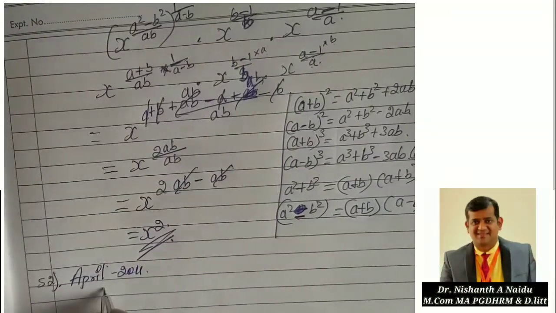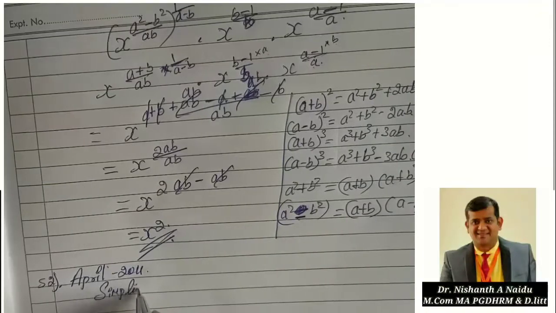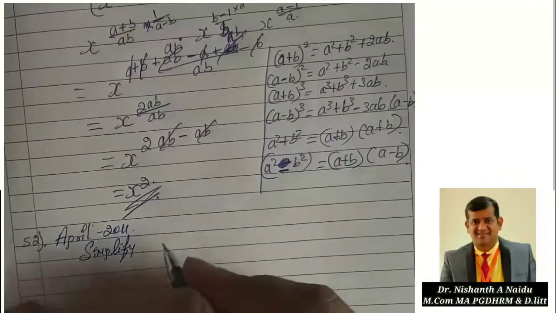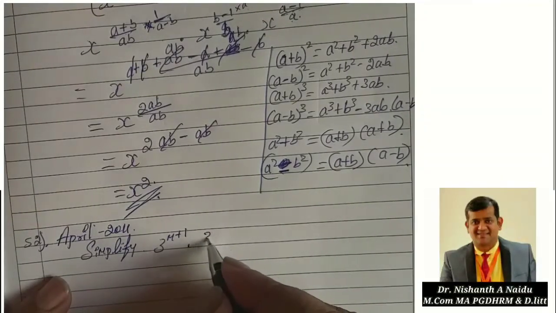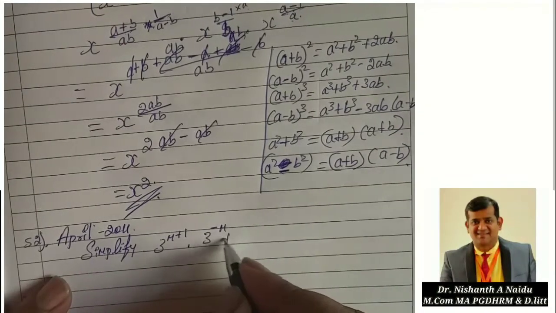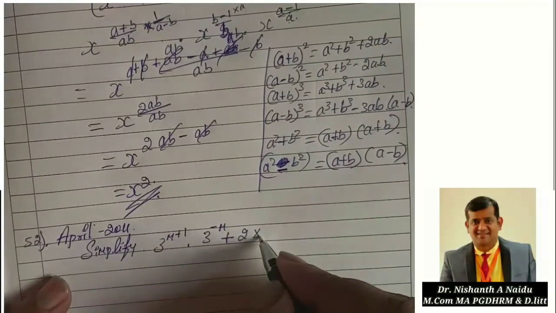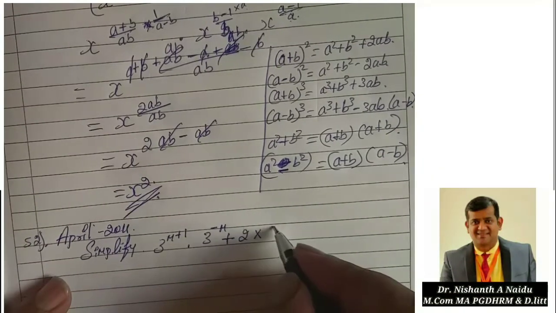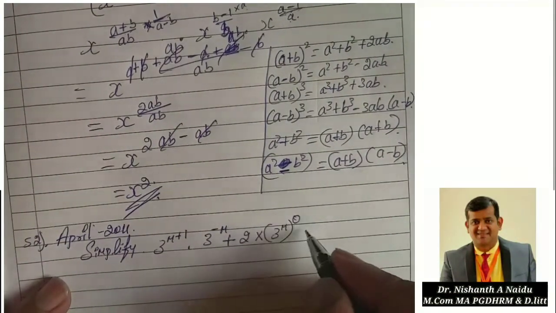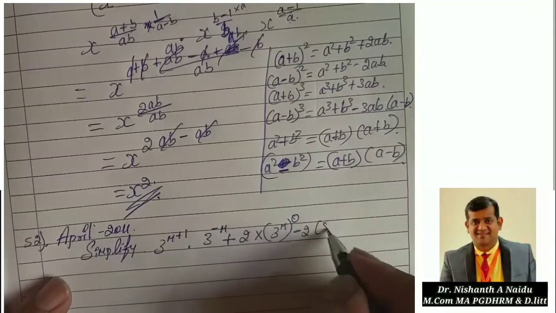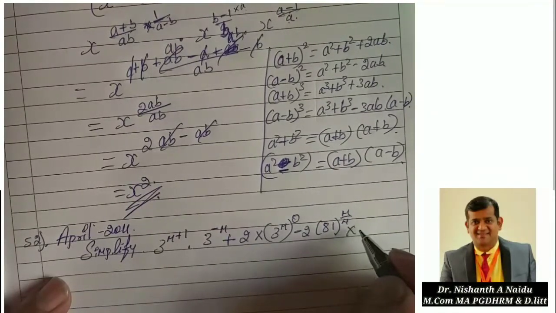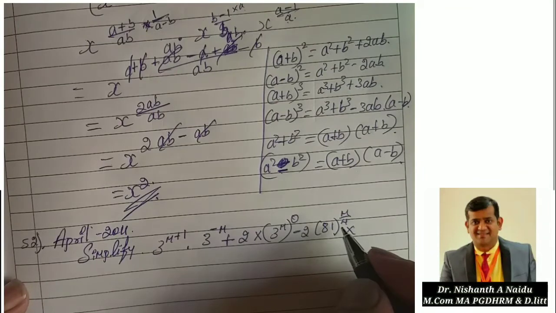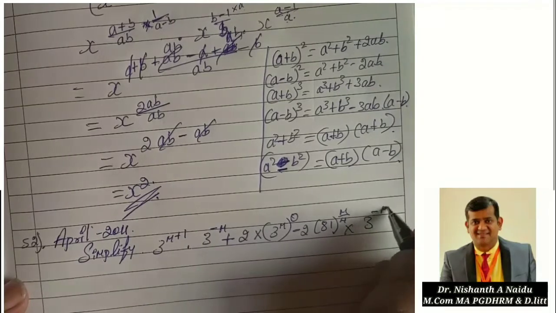The question is: simplify 3 to the power of m plus 1 into 3 to the power of minus m plus 2 into 3 to the power of m, whole power 0, minus 2 into 81 to the power of m divided by 4, into 3 to the power of minus m.